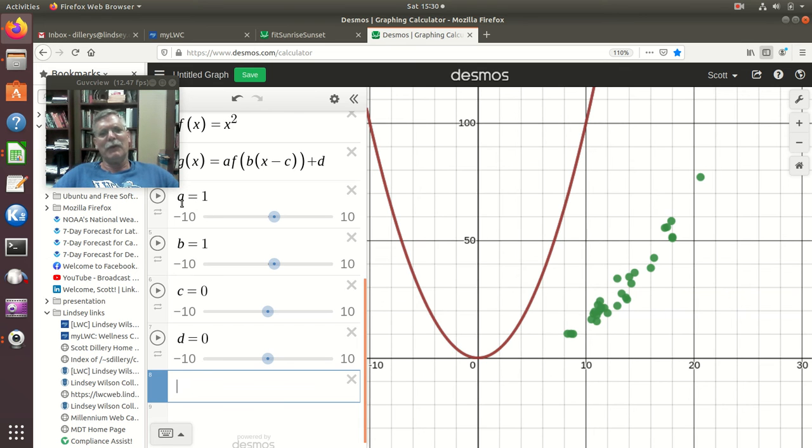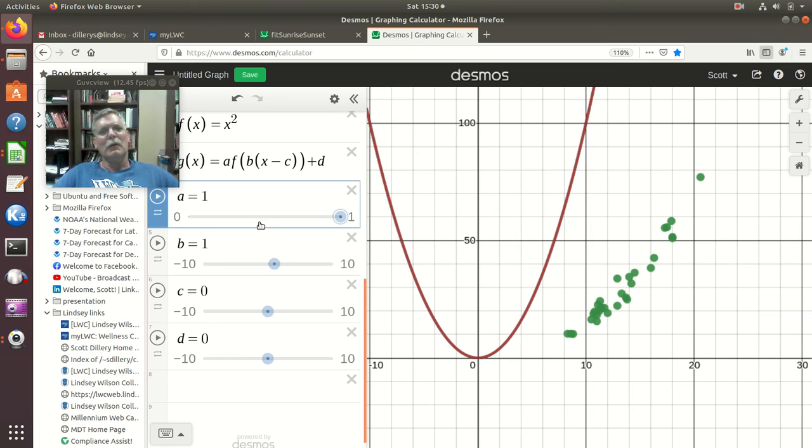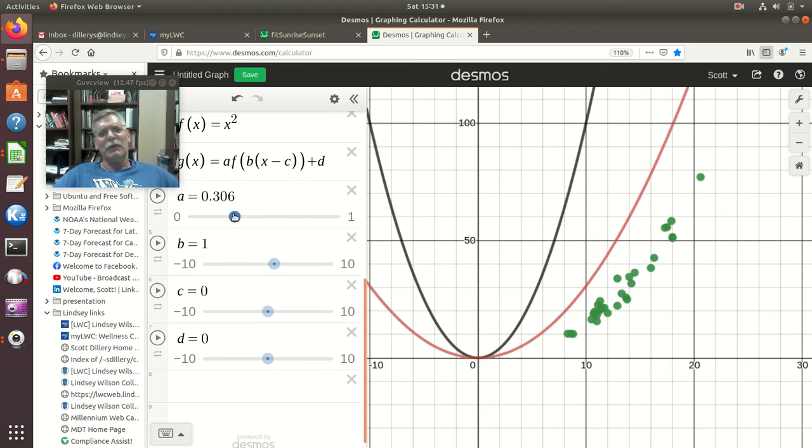But I'm just messing with A, so I'm going to say it's not short enough, because you see, if I make it shorter, and well, this is again where I need to maybe do a 0 and a 1 here. Okay, as I make the A smaller, it makes it shorter, but you see it's also making it wider. So that's what we think of when we think of B, as making it either wider or skinnier.